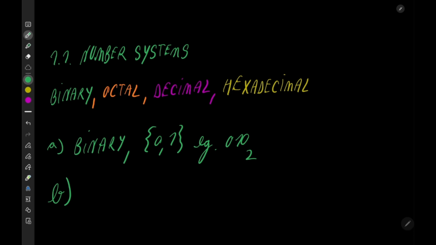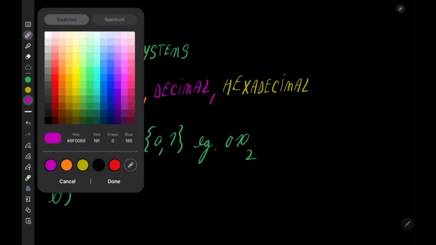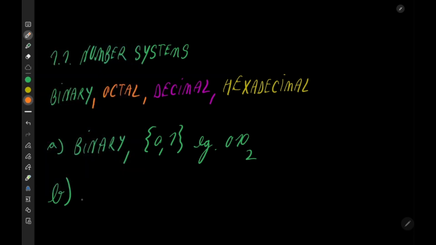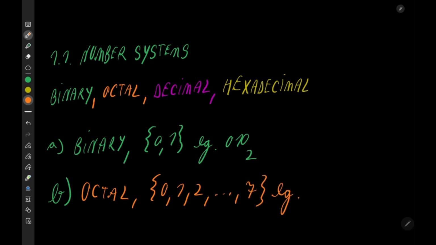Now, the next one, B, is the second one, octal. Octal is numbers 0, 1, 2 to 7. For example, a number in octal would be 217. Of course, for it to be written in octal, same as in binary, you have to put this subscript 8 here to show that it is actually written in octal.